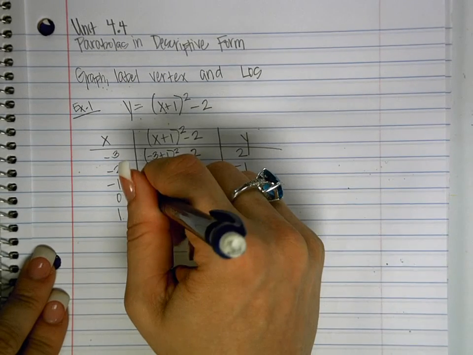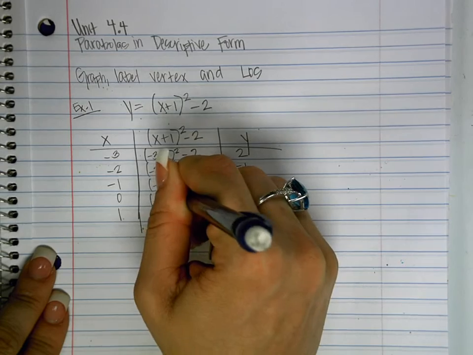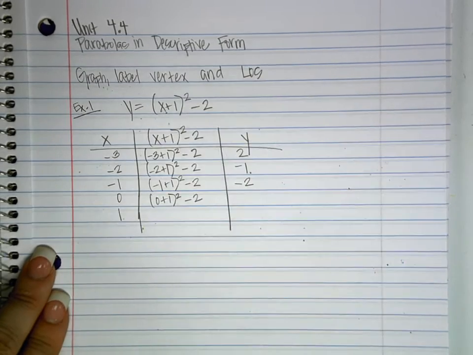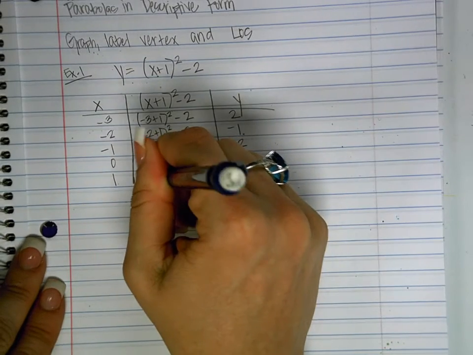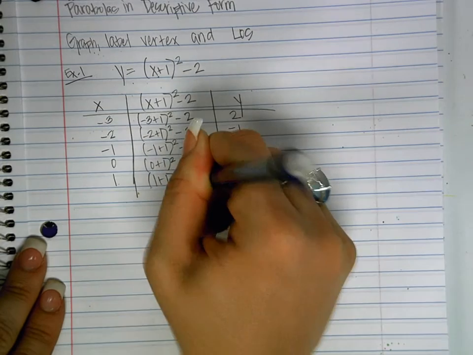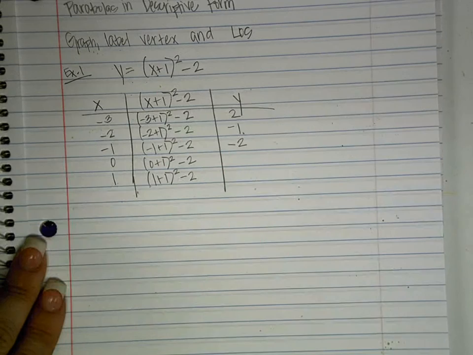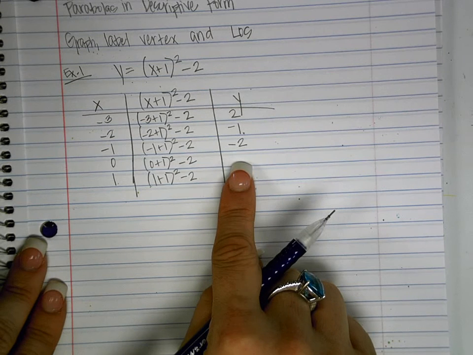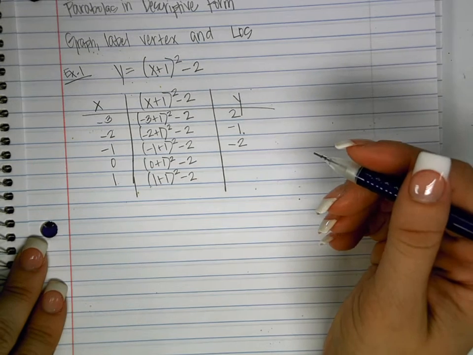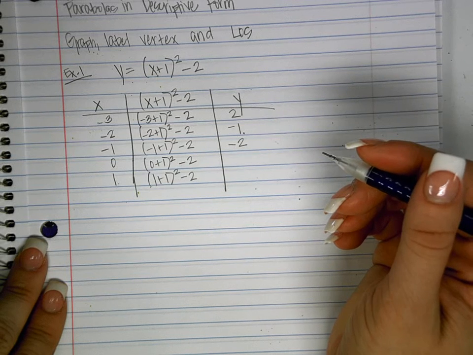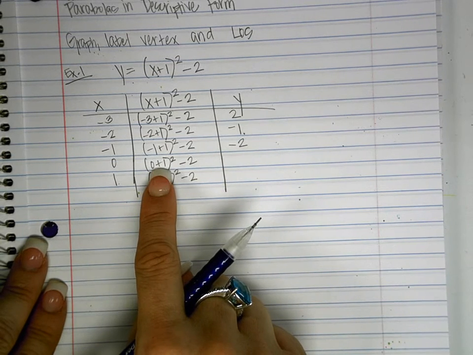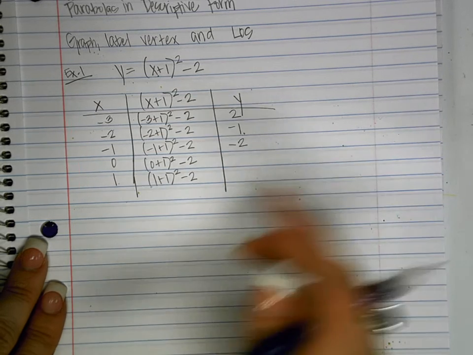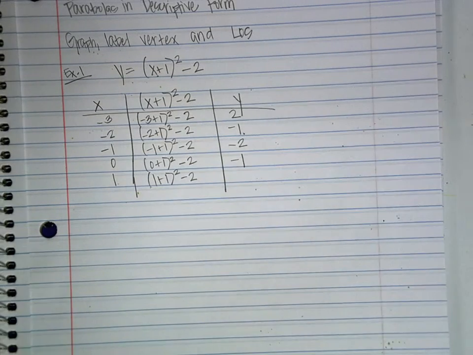Keep plugging in. Same thing for the next one. Plug in 0, and then plug in 1. If I plug in 0, 0 plus 1 is 1. 1 squared is 1. 1 minus 2 is -1.